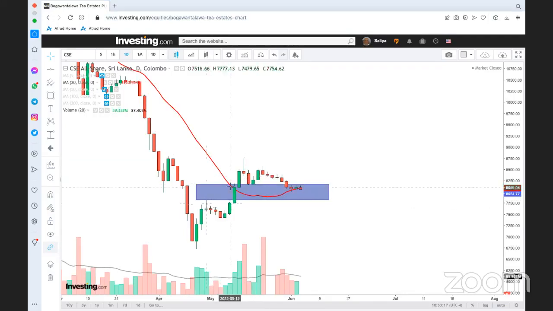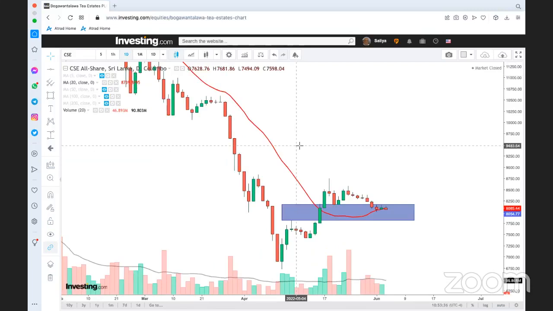Between 7811 and 8154, we have to see how the market is going to behave based on this range. Now, this is as far as the support and resistance levels are concerned, based on the price action, the highs and the lows, right?